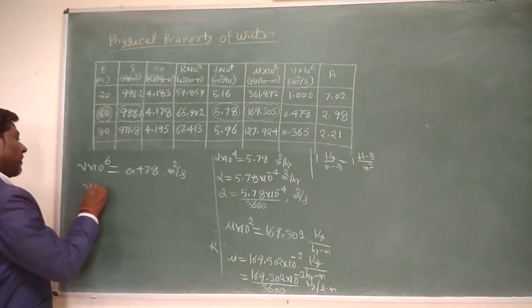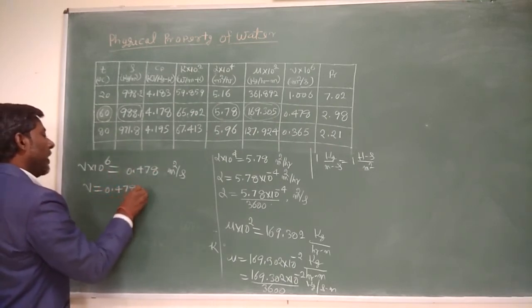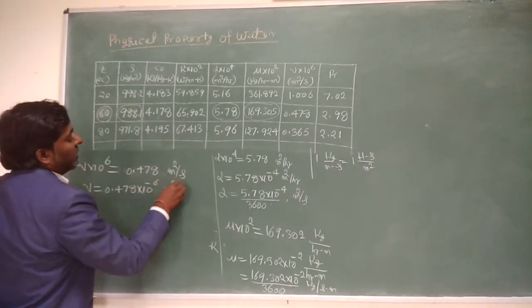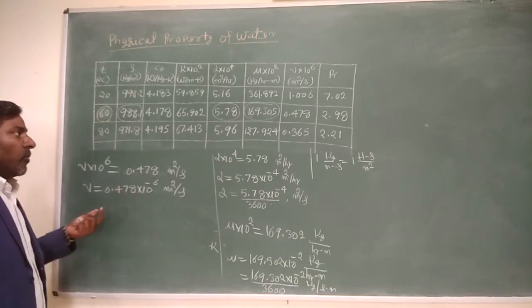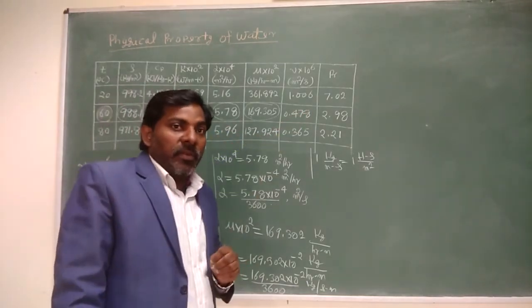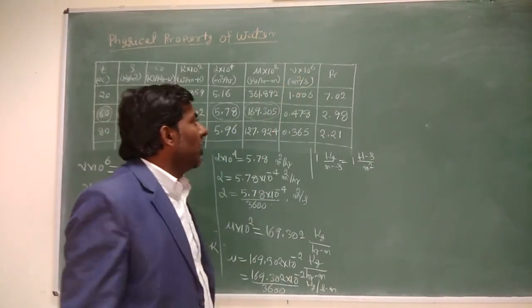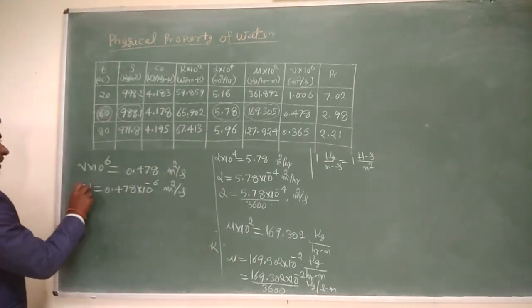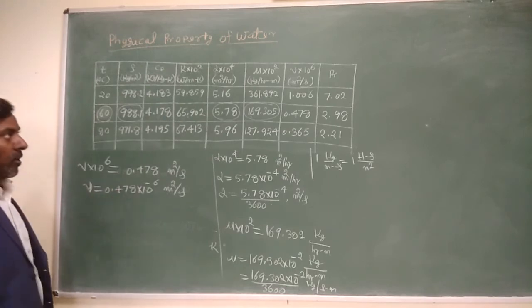So this kinematic viscosity is equal to 0.478 into 10 to the power minus 6 meter square per second. You have to convert in that way. Directly, this 0.478 is not the kinematic viscosity. This nu into 10 to the power 6 is 0.478, and that is the kinematic viscosity.